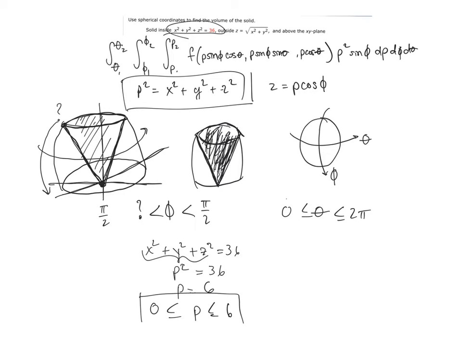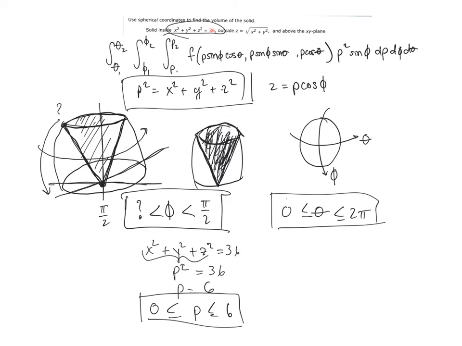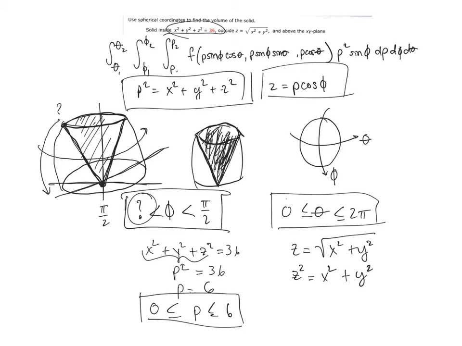Alright. Now you have rho, you have theta. The only thing you need to find is the unknown angle phi. So to find phi, you have to find z, and you are given the equation z equals the square root of x squared plus y squared. If I square both sides, z squared will be x squared plus y squared.